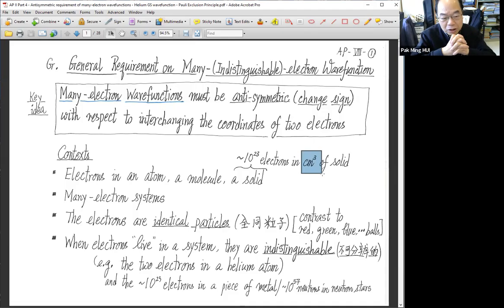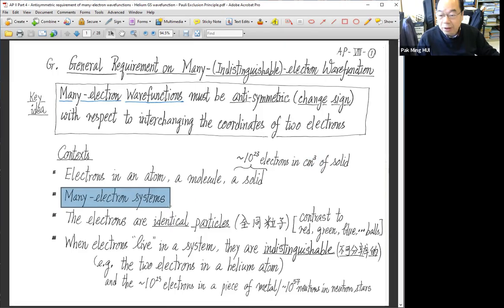In all these occasions, we have electrons living in each other's vicinity. So that constitutes many electron systems. And the key point about this discussion is that the electrons are identical. Identical in Chinese is called 全同. And I think even more important is the idea of indistinguishable, 不可分辨的.